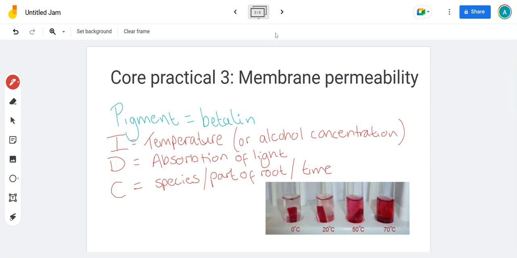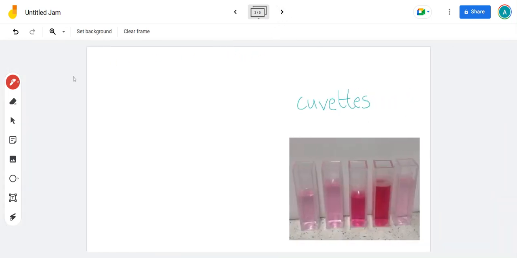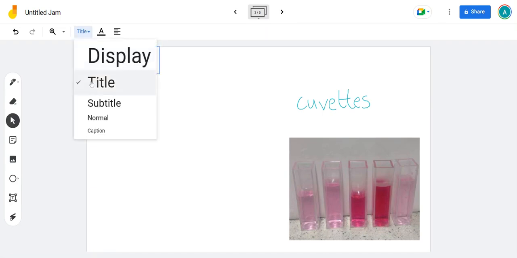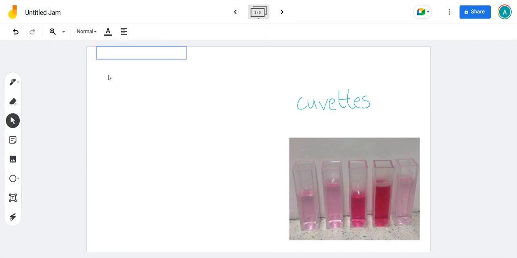Okay, so let's go through the method. How do you do this experiment? I'm going to type this. Number one, you're going to need to actually make your cylinders of beetroot.